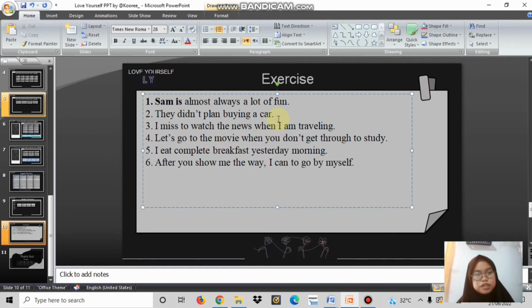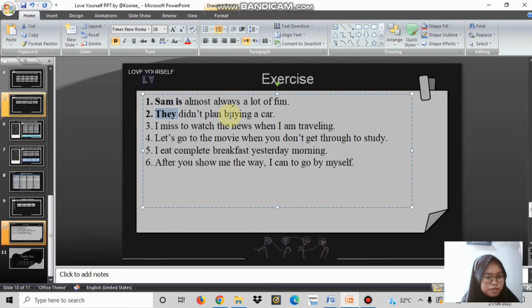Okay, number 2. They didn't plan buying a car. They is the subject, and didn't plan is the verb. So the problem is not a missing main verb, right?